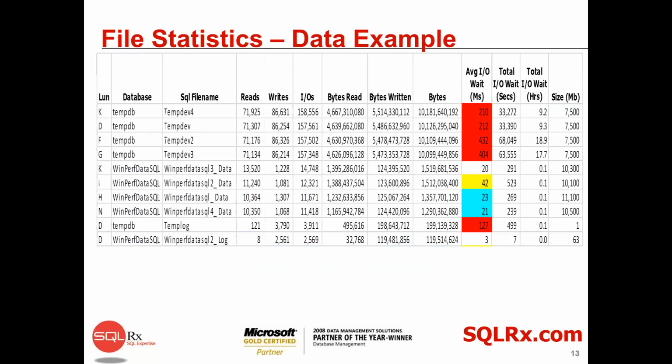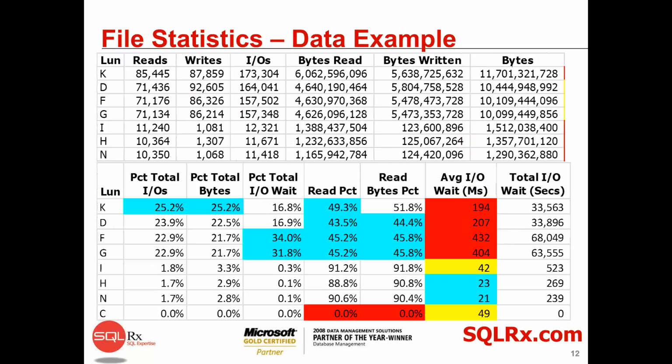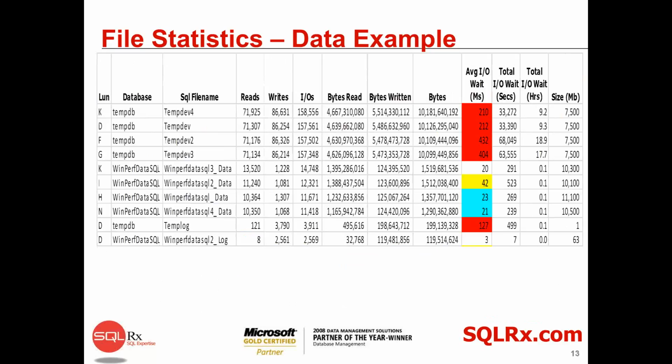Here is another example. This one is by file, and so the last one was just by the LUN. This one gives it to us by LUN and file name. I provide the internal file name because sometimes the file name that's sitting on disk is a little different than the file name that SQL actually, that we think of, that short name.